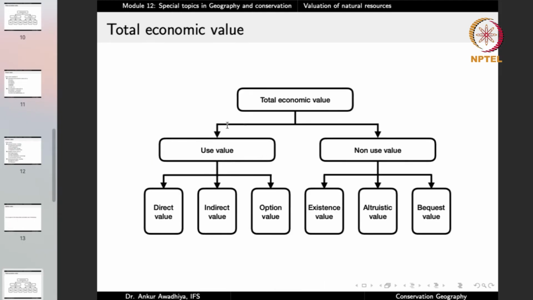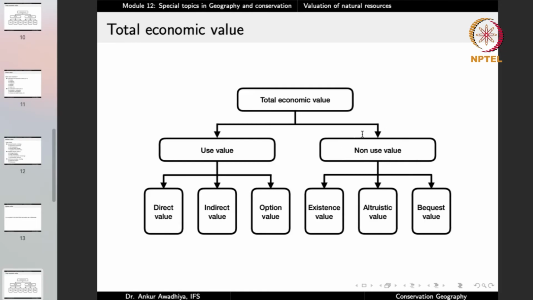So when we talk about the use values, we can use the natural resource either directly or indirectly, or we can keep an option on the future use of the resource. So these are the various use values of your resource.